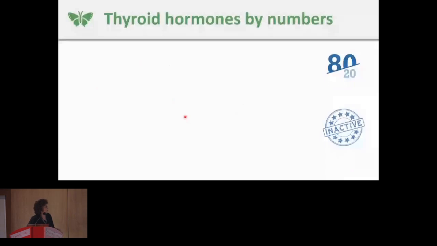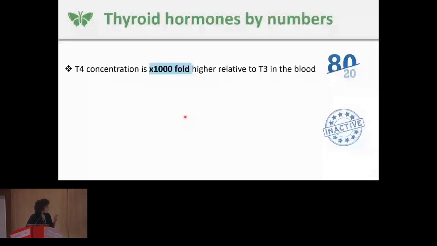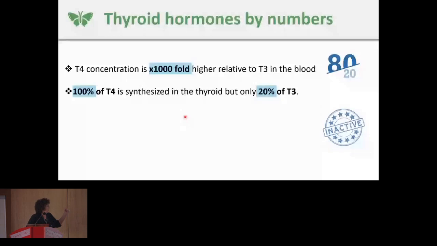So just a few numbers. T4 is 1,000 times more than T3 in terms of concentration in the blood. All T4 is produced in the thyroid, but only 20% of T3 is produced in the thyroid, which means that other tissues are involved in this conversion.